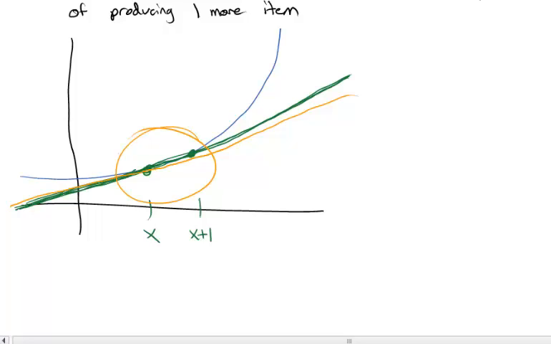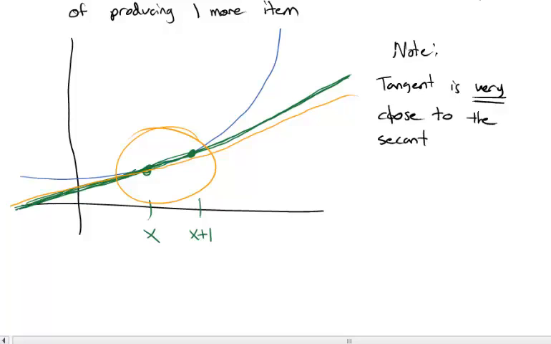The tangent line and the secant line are very, very close to each other. In fact, we might even take a note of that. The tangent is very close to the secant with x plus 1.